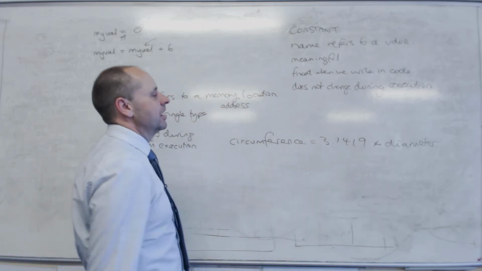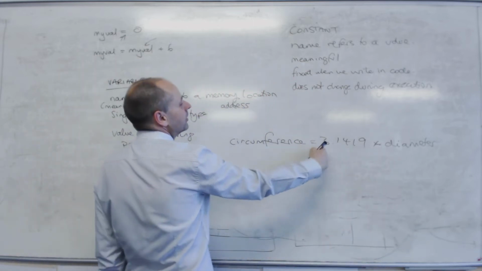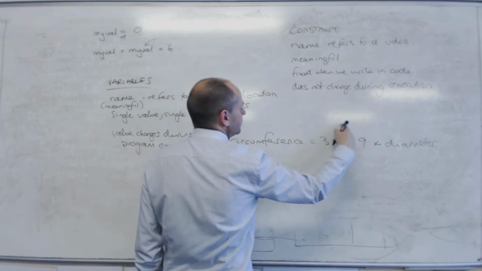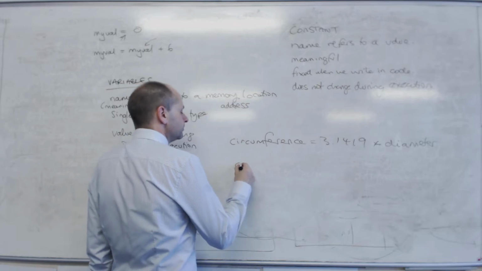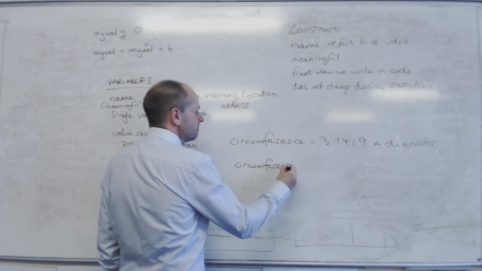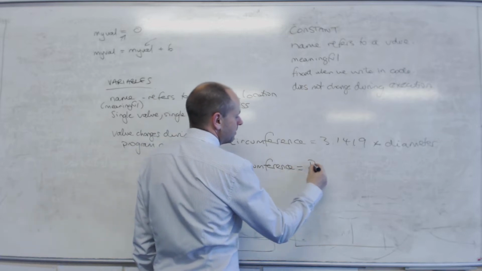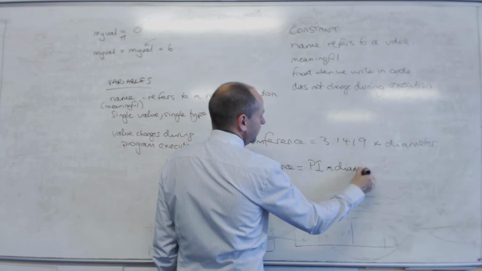Okay, so let's use a constant to make this more readable. I'm going to change this constant, the literal constant, 3.1419, and I'm going to use a meaningful name. And I'm going to use pi.